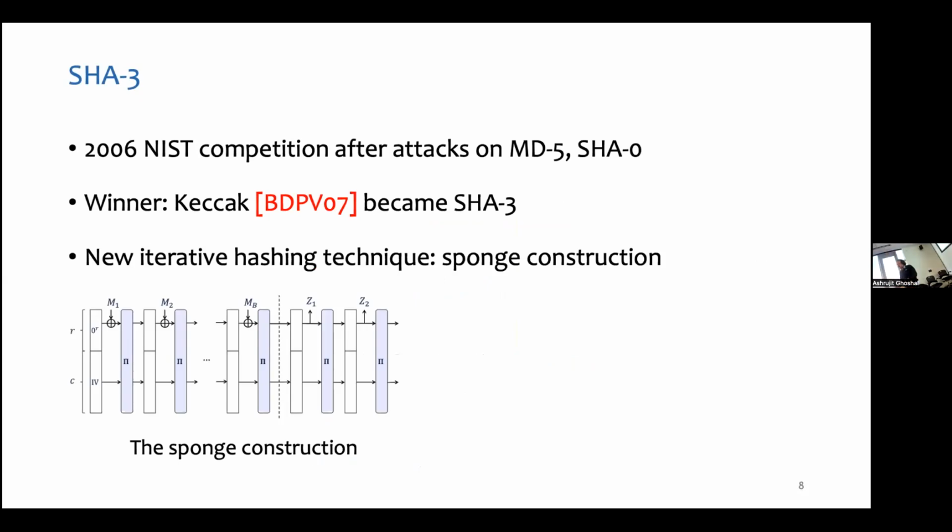Importantly, it's based on a novel iterative hashing mechanism known as the Sponge construction. One immediate difference of Sponge compared to Merkle-Damgård is that the fundamental underlying primitive is a permutation instead of a function.